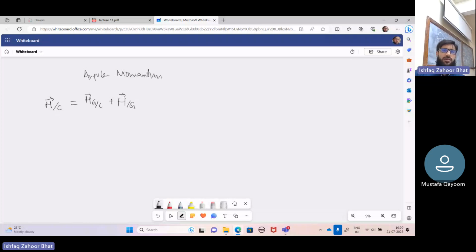We have already seen that if we want to calculate the angular momentum of some body about some point C, it is equal to the angular momentum of the center of mass about point C, plus the angular momentum about the center of mass.